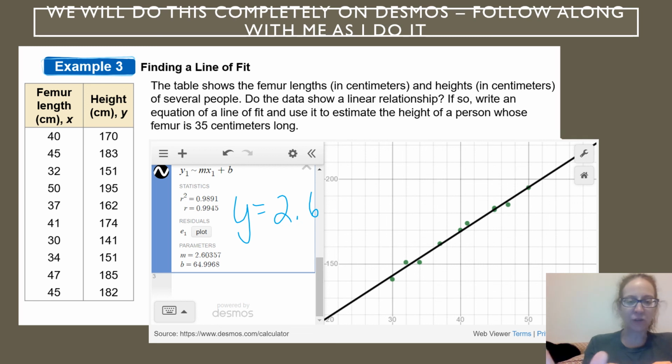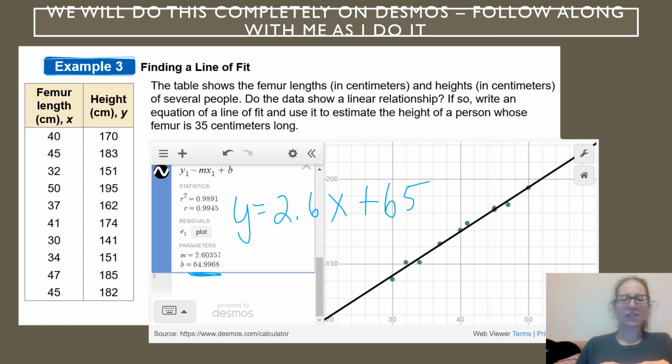I'm going to round it to 2.6 x, and then see how the y-intercept there is 64.996. I'm going to go ahead and round that up to 65. Where you should round to is always kind of up for debate.